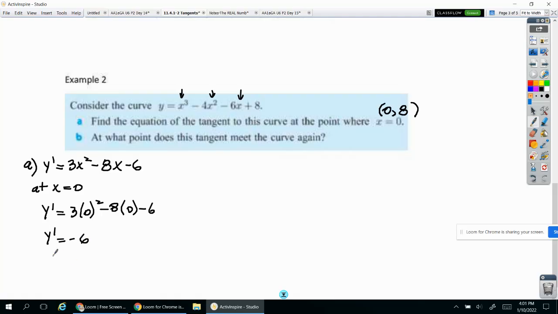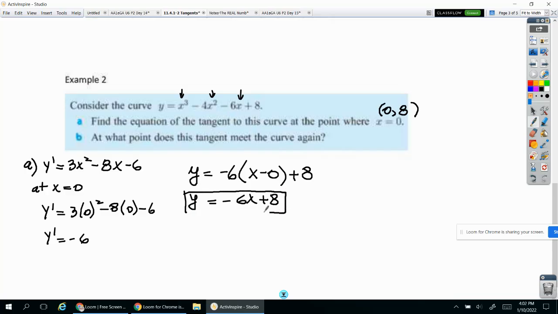So now I have all the information that I need to write the equation. Y equals, first the gradient, negative 6, times x minus 0, plus 8. Distribute, so it's negative 6x plus 8. So this would be the equation.